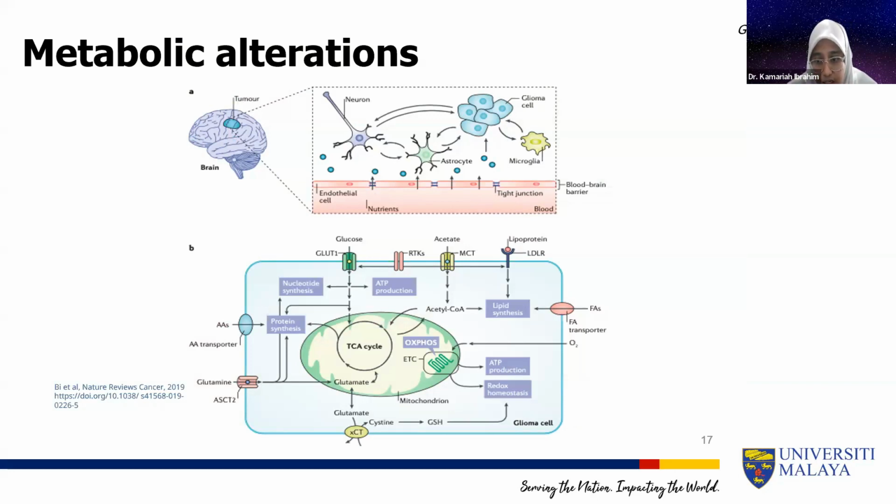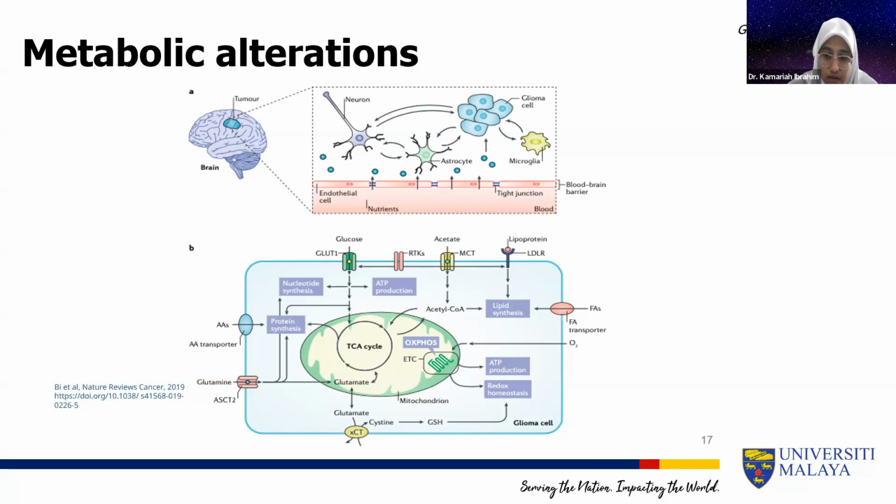So the glioma cells opportunistically take up nutrients from the extracellular environment, including glucose, acetate, and glutamine, as well as other amino acids, and they use these nutrients for energy and biomass production by fueling glycolysis, as well as the TCA cycle, oxidative phosphorylation, and the pentose phosphate pathway.